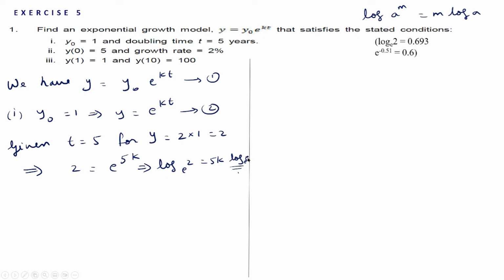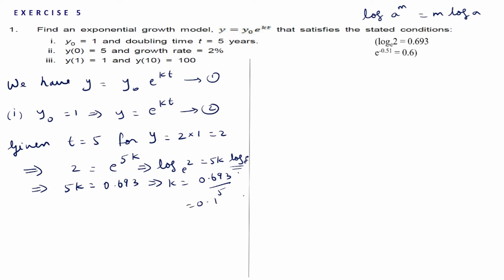Log of any number which has base to the same number is 1. So log e to the base e is 1. Log 2 it is given in the question, it is 0.693. This implies 5k equal to 0.693 or k equal to 0.693 divided by 5.